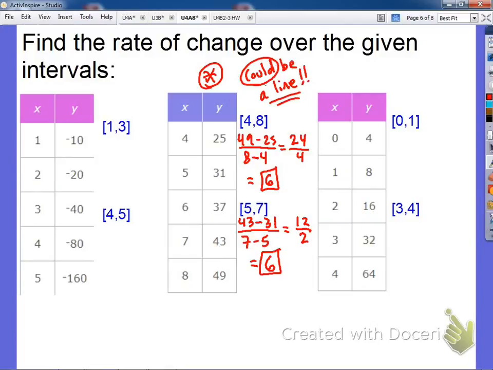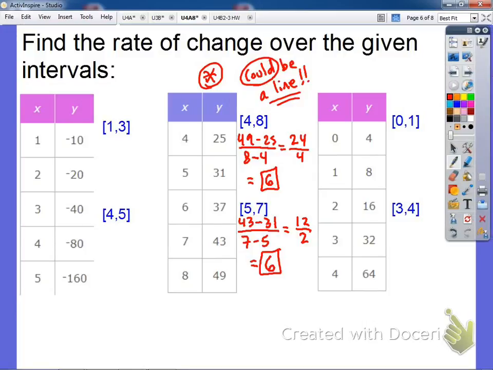I don't know. We have to graph it, but it also might be just a total coincidence that the slope in both of these cases happens to be 6. It might be a coincidence, but it also might be a straight line. That doesn't concern us right now. We're just interested in how you find the rate of change.